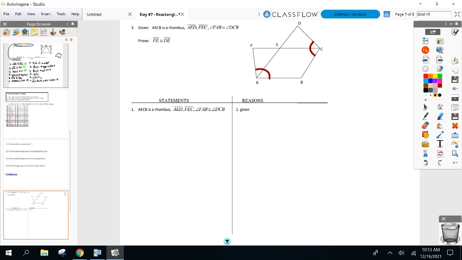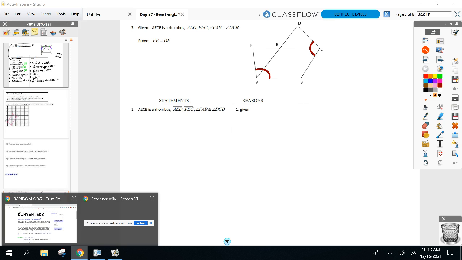Rhombus properties that would help me get a side or an angle. Okay, going back. Give me a rhombus property that's going to help here.